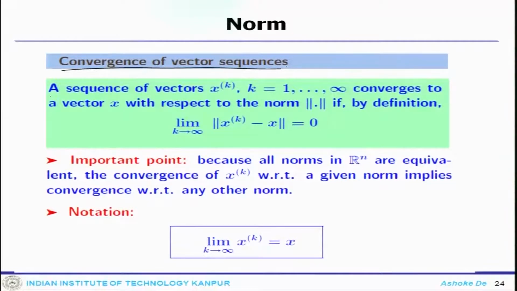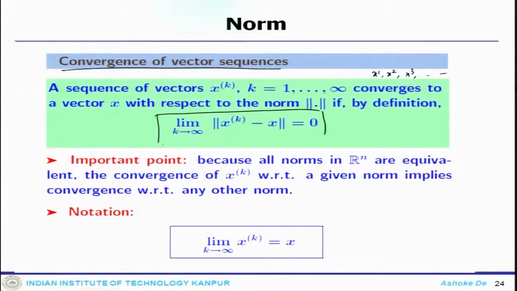A sequence of vectors, for example xk, k from 1 to infinity, that means you have x1, x2, x3 and so on, converges to a vector x with respect to the norm if, by definition, the magnitude of xk minus x, when k tends to infinity, equals 0.